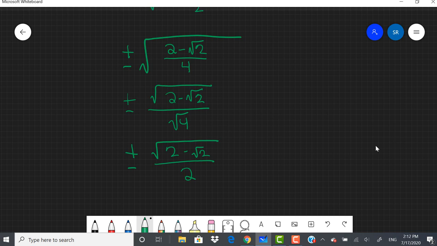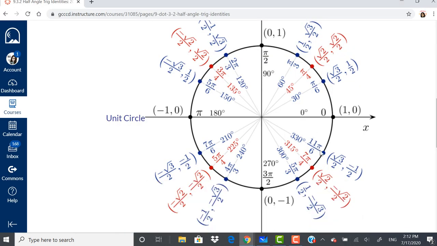So let's go back to the picture of the unit circle. I know that 112 is past 90, but before 180. That means I will be in quadrant 2. In quadrant 2, what is the sign, S-I-G-N, not sine, the sign, plus or minus, for cosine?